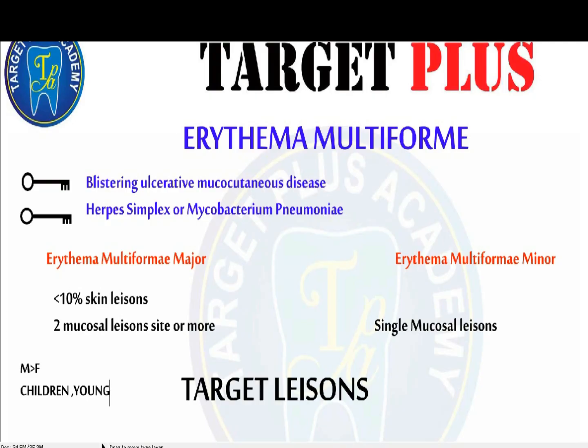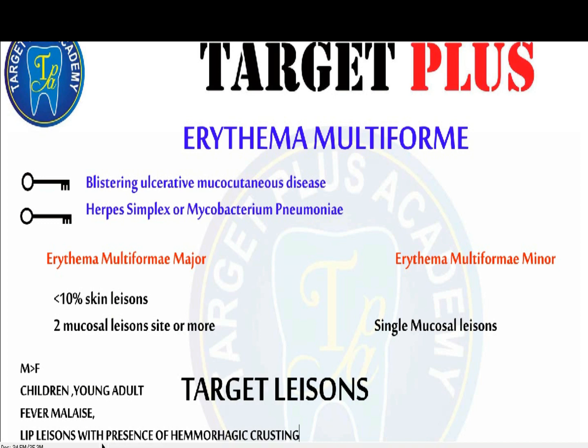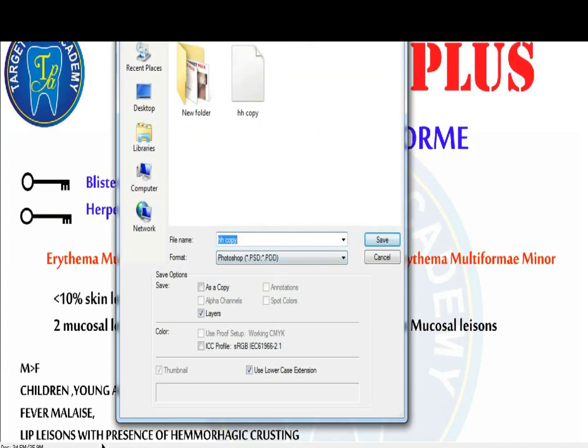It is more common in males than in females, seen frequently in children and young adults. It has an acute explosive onset with generalized symptoms like fever and malaise, and it may resolve in less than 24 hours. It is characterized by macules, papules, vesicles, and bulla appearing in a segmental pattern.